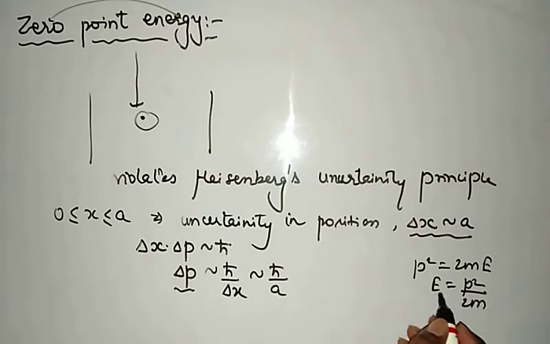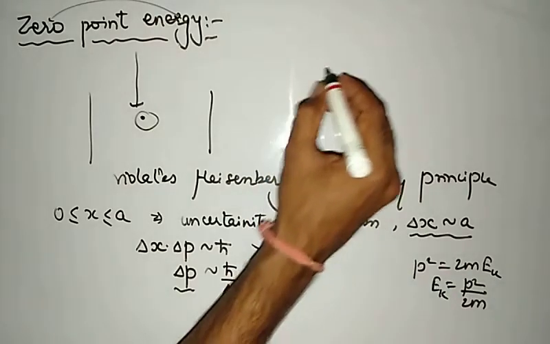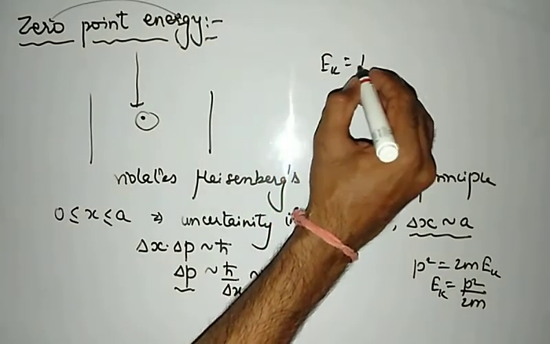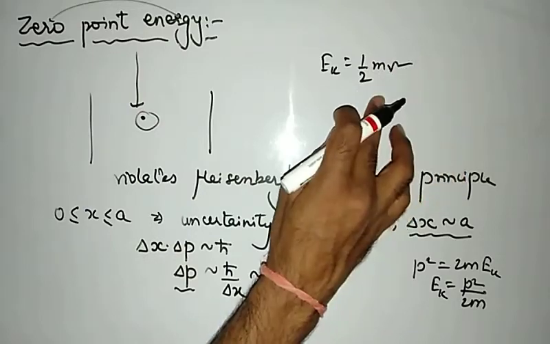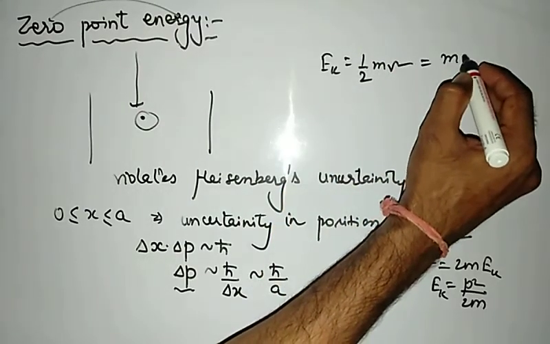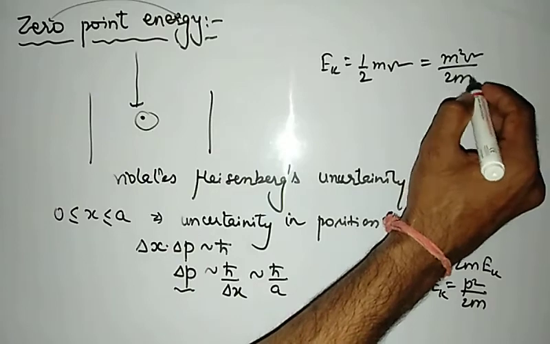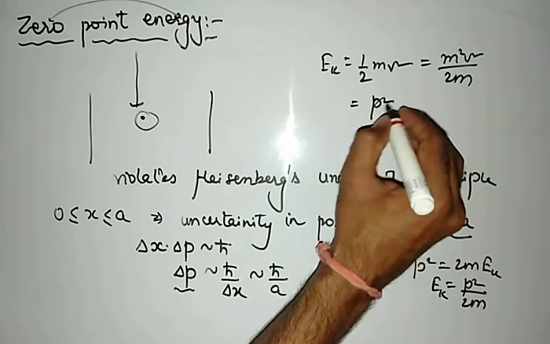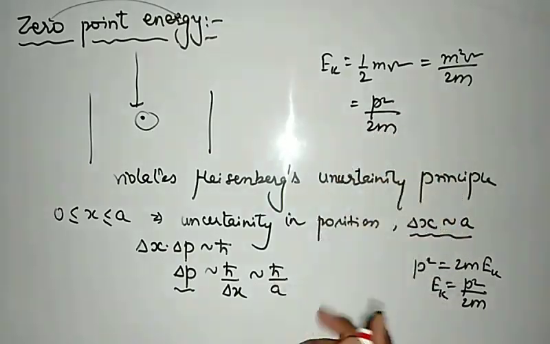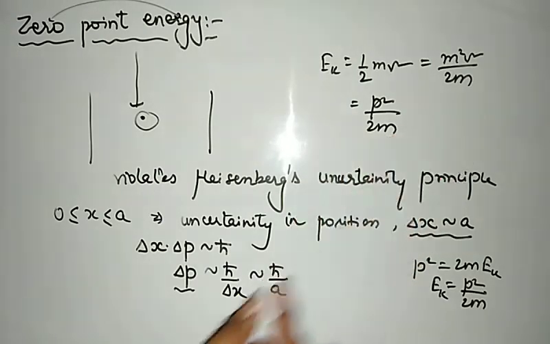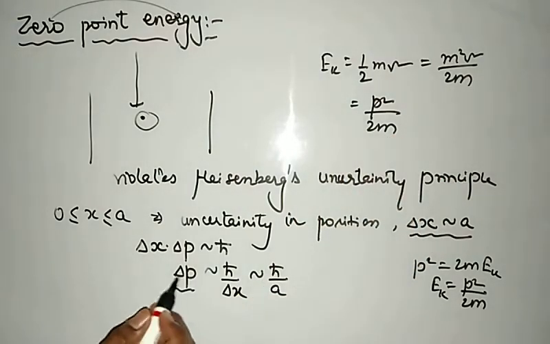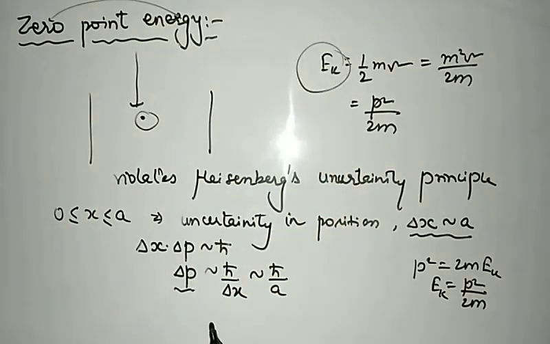Yes, this is kinetic energy, because kinetic energy is half m v square, multiplying by m, so this will be p square upon 2m. It means that if the particle has minimum momentum uncertainty, it leads to minimum kinetic energy also. So, the particle will not be at rest. This proves it.